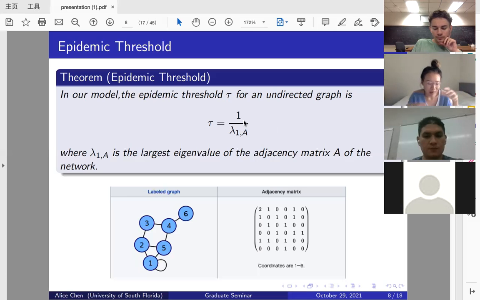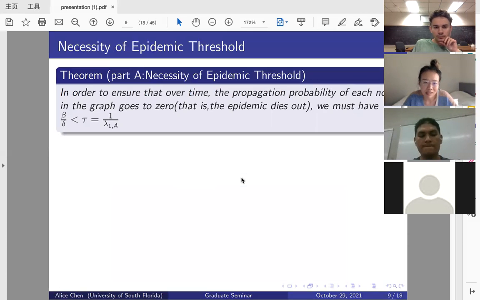A stable nonlinear dynamic system also implies that if you have small perturbations, it will eventually return to the all-nodes-healthy state. All right, so we're going to prove it in two directions, necessity and sufficiency. Okay, so let's take a look at part A.